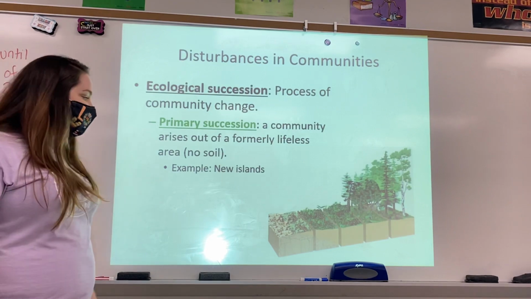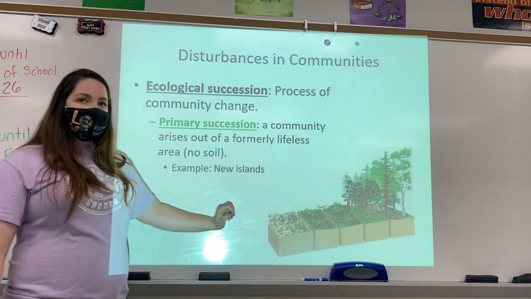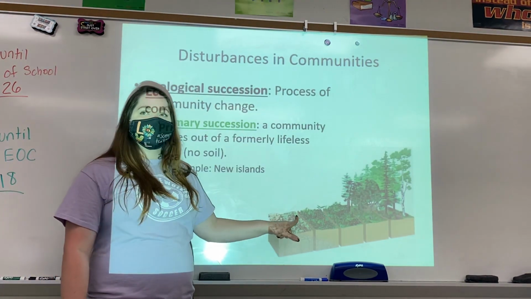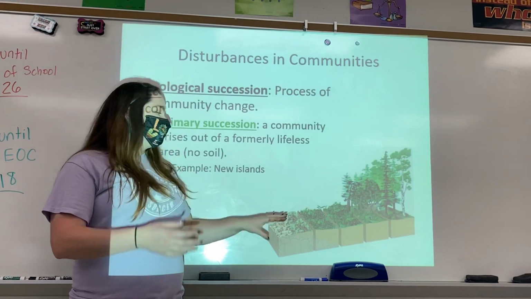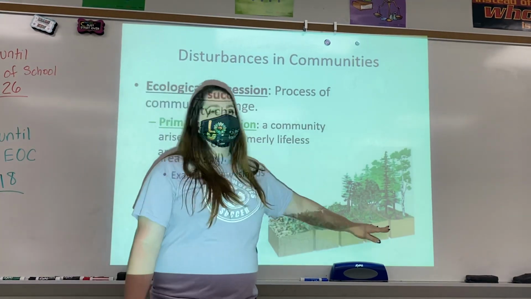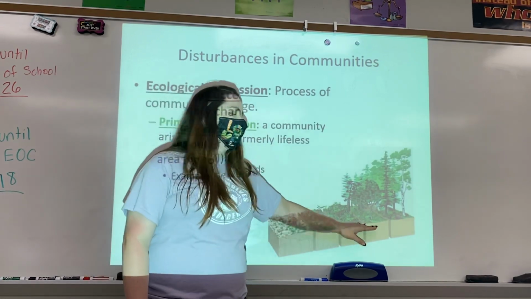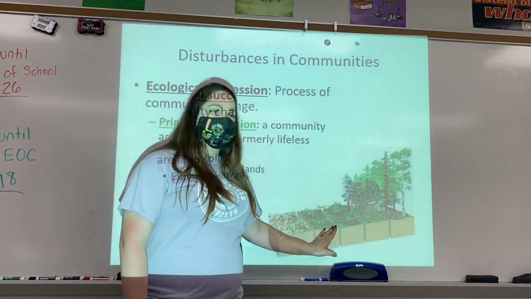So what's going to happen is at the very beginning stages of this new island, you're going to have very small plants, so very small grasses, things called lichens. You're going to have very small mosses. And then over an extended amount of time, so over a very long period of time, those very small grasses are going to be replaced by bigger grasses.